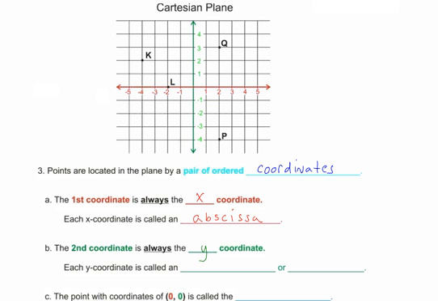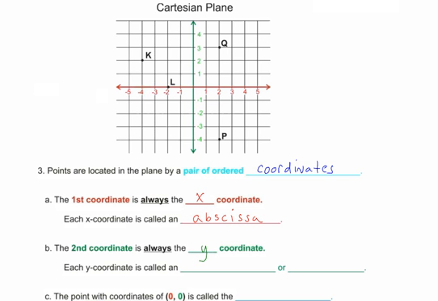And each y coordinate can be called 2 different things. Now, the first name's pretty easy because it's a form of the word coordinate. Edward? Coordinate. Good try. All right, Kristen?